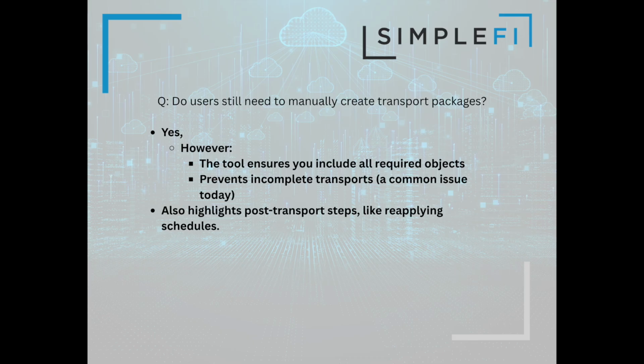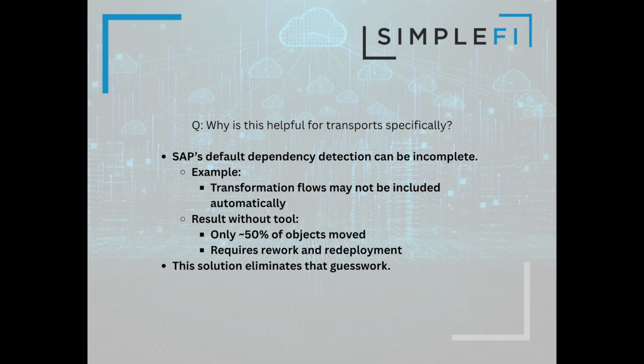If you have analytical models, and part of building this, there are transformation flows involved, you might notice that the transformation flows are not always added to the package automatically because they're not necessarily treated as a dependency of the analytical model. So you're missing items. If you're just sticking to the default, you might move like 50% of what you need in your target system, and then you have to do it again.